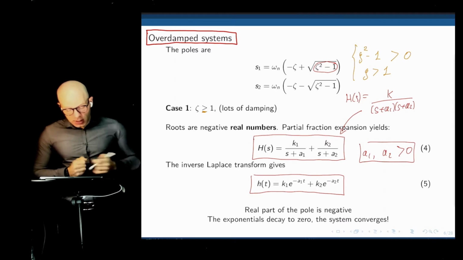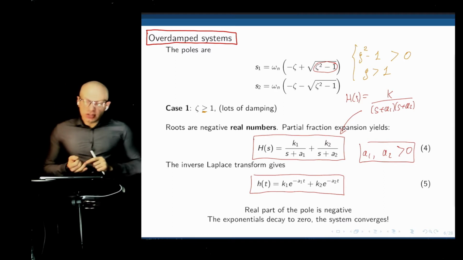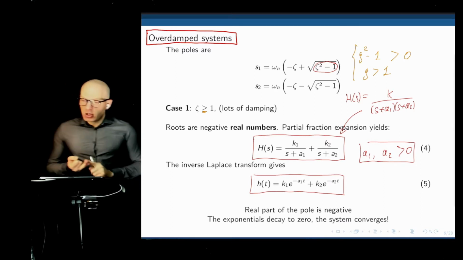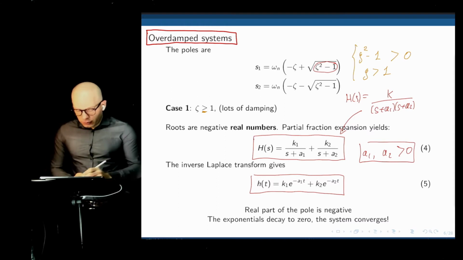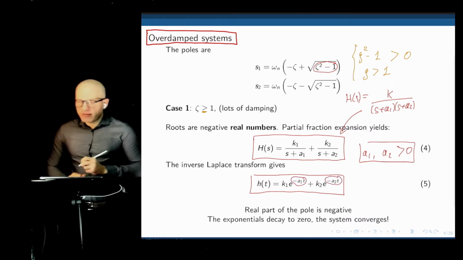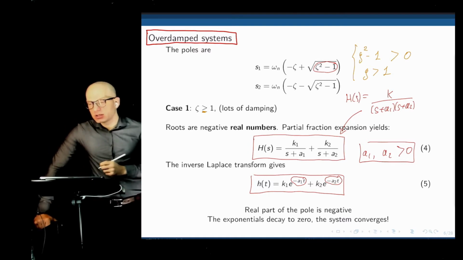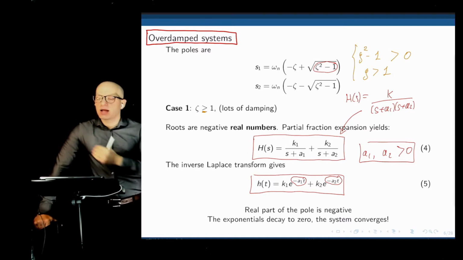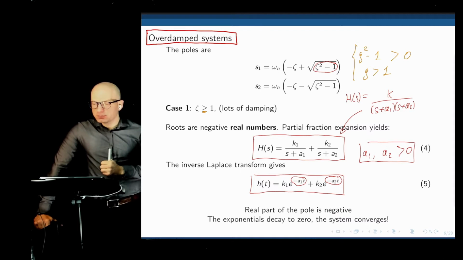What else can we say? Because a1 and a2 are greater than 0, when you take the inverse Laplace transform, we'll notice that on top of the exponential here, we have a negative constant times time, meaning that as time tends to infinity, they go to 0. All exponentials will go to 0.